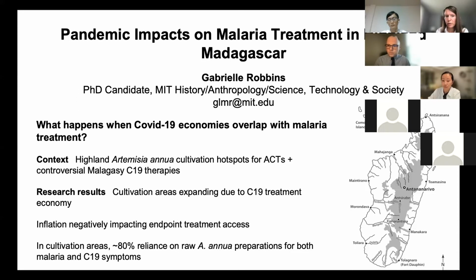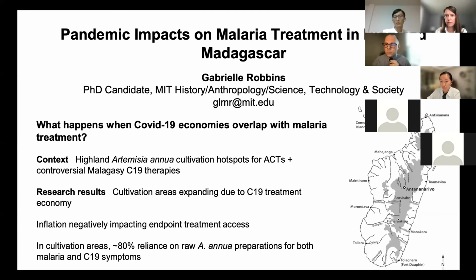And I just have a quick question. Do you know what proportion of global supply is provided by Madagascar, and if that has changed drastically during the pandemic because of this diversion to COVID uses? Sure, it's an open question about the proportion of global supply pre-pandemic. I do know that Madagascar was a major supplier of ACT ingredients for companies like Merck.